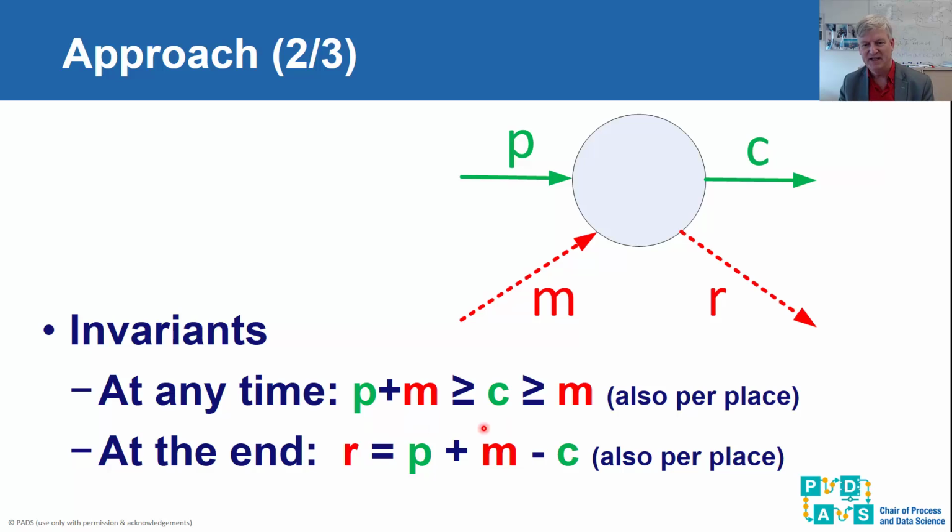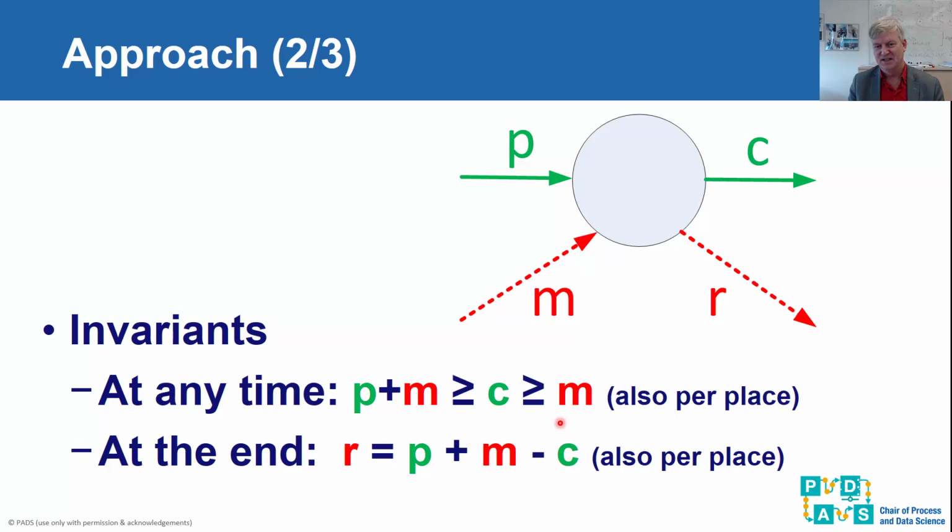While replaying, we also have this invariant that always holds: P plus M is at least C, and C is at least M. You should note that we never add a missing token unless it needs to be consumed, right?